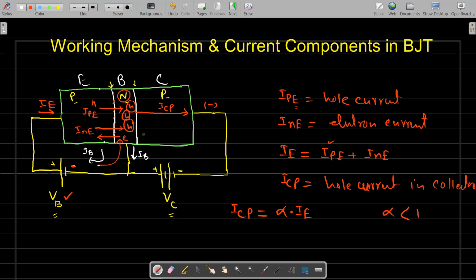Due to the temperature effect, some of the covalent bonds are broken, so a few electron-hole pairs are available inside the structure, and due to the applied bias voltage, those free electrons and holes will move according to the polarity of the voltage we are applying, and as a result a very small amount of current will flow in the circuit.